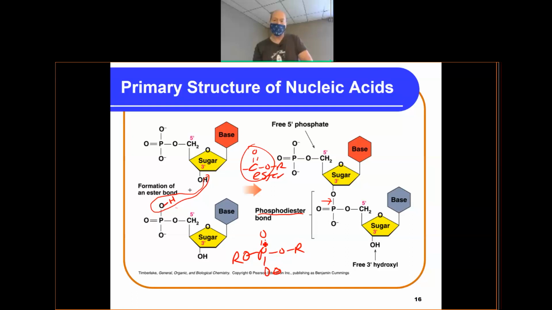So anytime you have a P double bond O with an OR on two sides, that's why it's called a phosphodiester. It is a phosphorus with two ester groups. And so this is DNA. They're not showing any oxygen here, so this is your DNA.